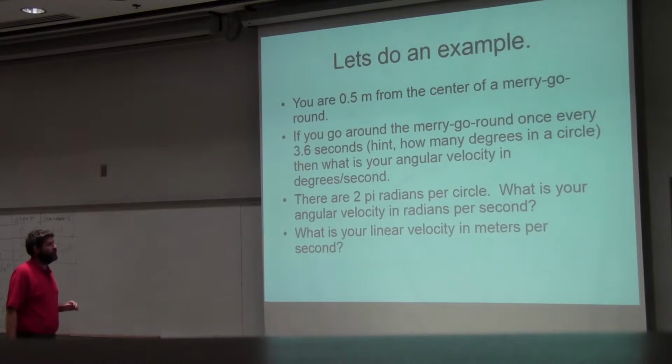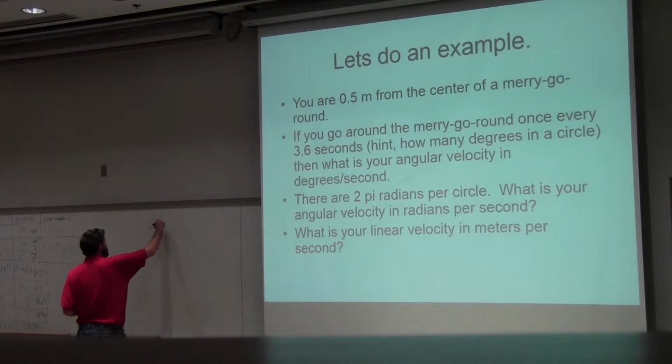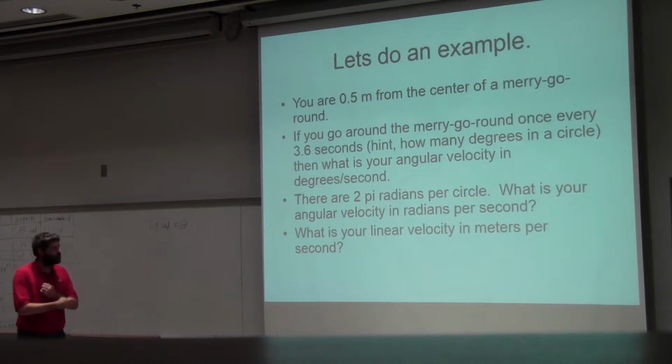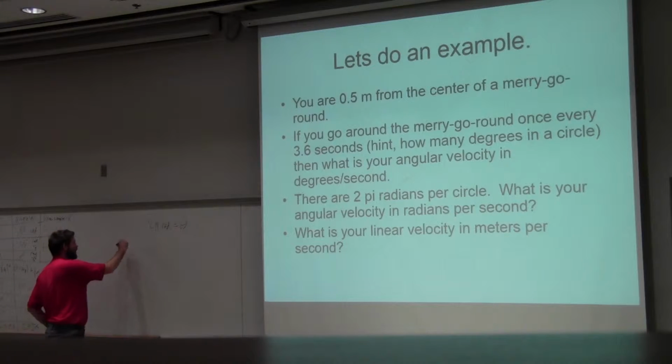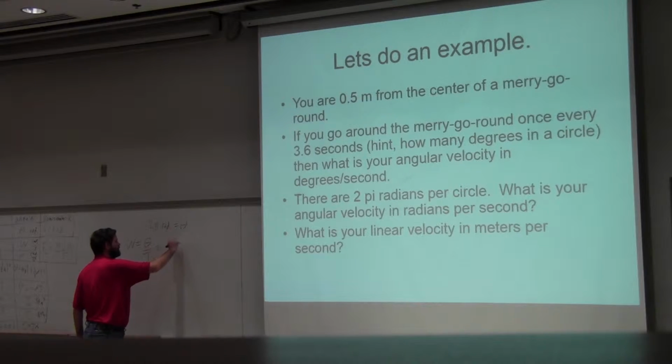All right, hopefully you're finished. So, first thing I need to calculate is my angular distance. I do one full circle in 3.6 seconds, so that is 2 pi radians. That's my theta. My angular velocity equals my theta divided by my time, which is 6.3 radians.